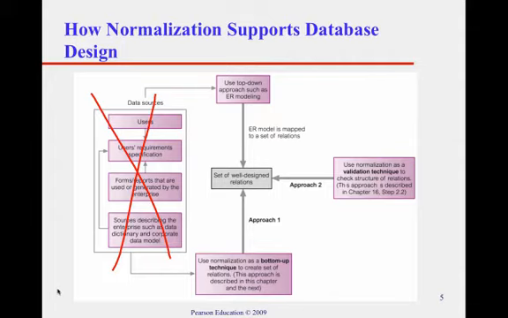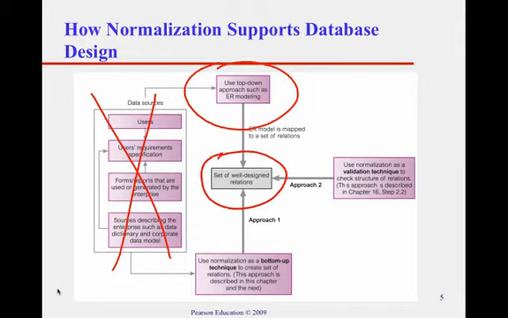Basically, the way I tend to design a database is I usually use ER modeling because I like to look at the big picture. Then once I have a set of relations from the top level, I typically check my relations using normalization to make sure that I've decomposed them in the right way.